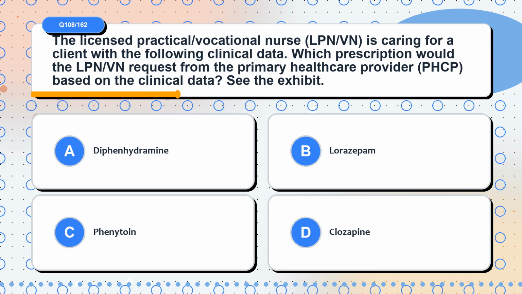Which prescription would the LPN/VN request from the primary healthcare provider PHCP based on the clinical data? See the exhibit. Here are the options. Option A. Diphenhydramine. Option B. Lorazepam. Option C. Phenytoin. Option D. Clozapine.